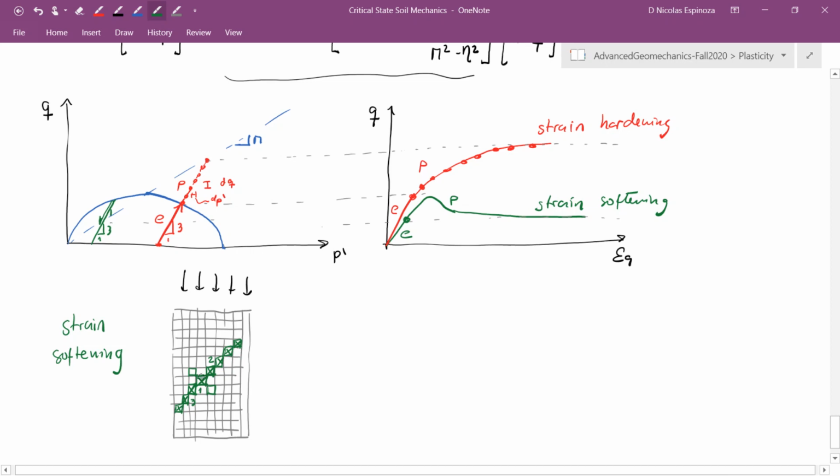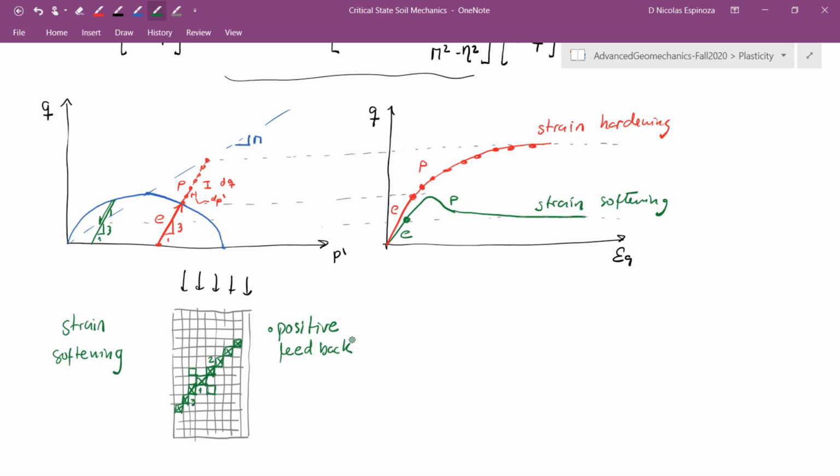But the important thing to capture here is that this is what is called a positive feedback mechanism, because it's like a domino. Once you break the first one, then the next ones are under a condition of unstable equilibrium, and this is an unstable process.